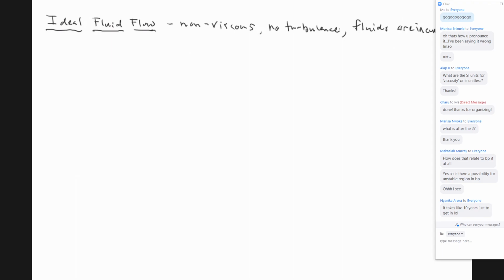So the first thing we need to know about ideal fluid flow is the law of continuity. The law of continuity simply states that the volume flow rate is always constant. As we shrink down to smaller cross sections, the volume flow rate at this cross section is going to equal the volume flow rate at this cross section.